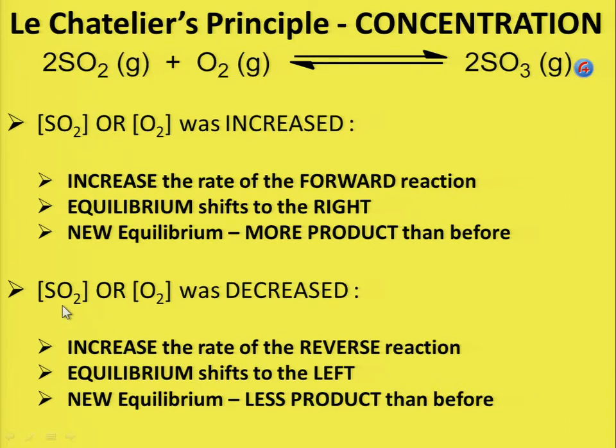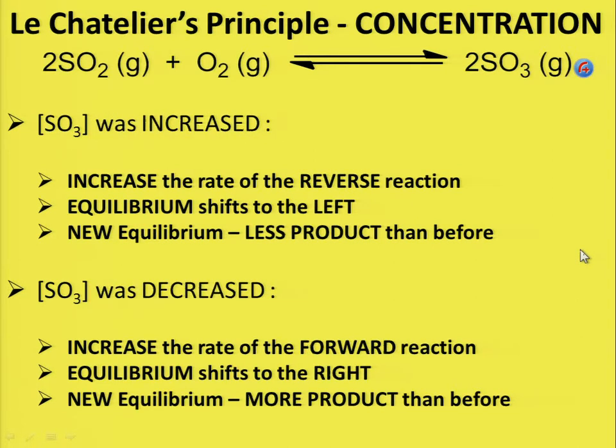When the concentration of SO2 or the concentration of oxygen is decreased, you will increase the rate of the reverse reaction. The equilibrium will shift to the left, and at the new equilibrium, less product will be there than before.